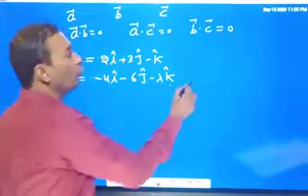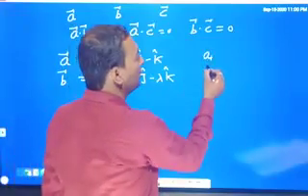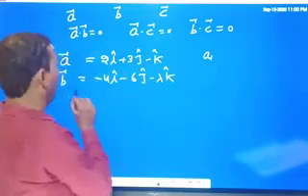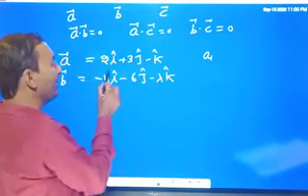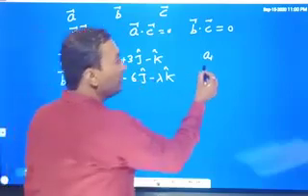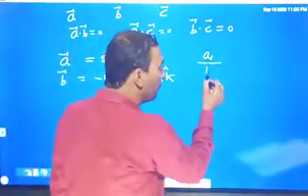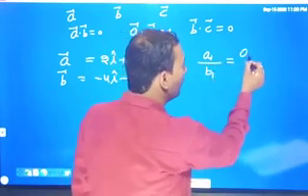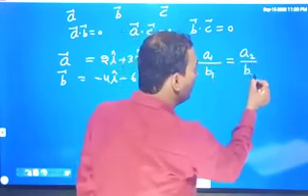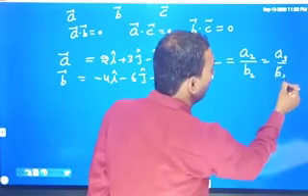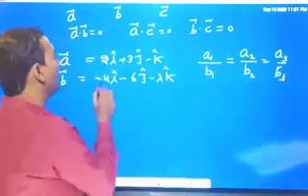We know if two vectors are parallel, with a vector a1 i cap, a2 j cap, a3 k cap and b vector b1 i cap, b2 j cap, b3 k cap, then a1 upon b1 equals a2 upon b2 equals a3 upon b3. By this we can find the value of lambda.